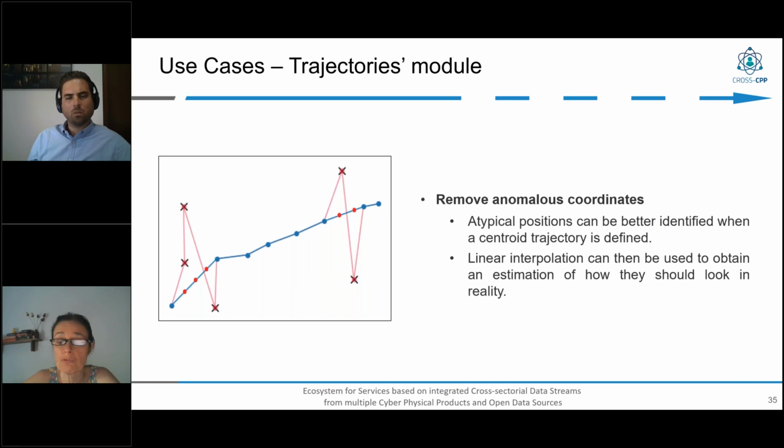Also, we can find in trajectories these anomalous coordinates, maybe because a sensor was wrong, or maybe not wrong, but imagine we have different information on a road that has problems with the orography of the field and so on. Then we could find all these anomalous coordinates, and we can do this by analyzing the data that we have from the signals in the data marketplace.